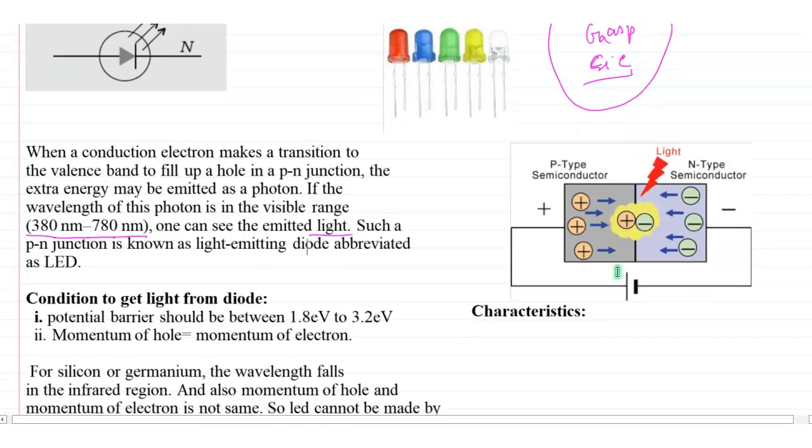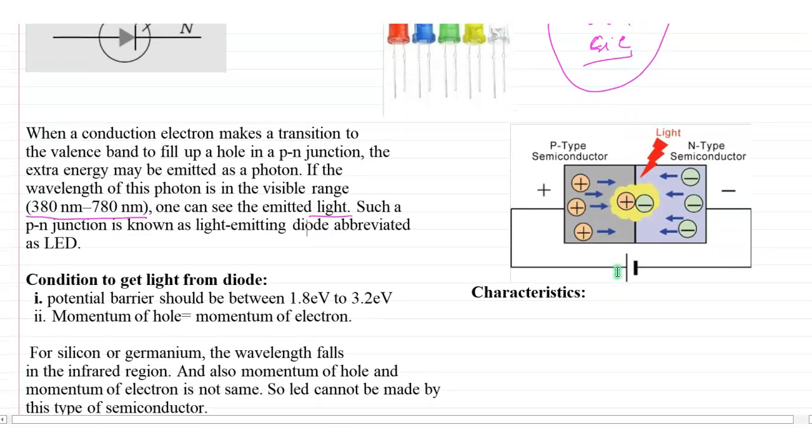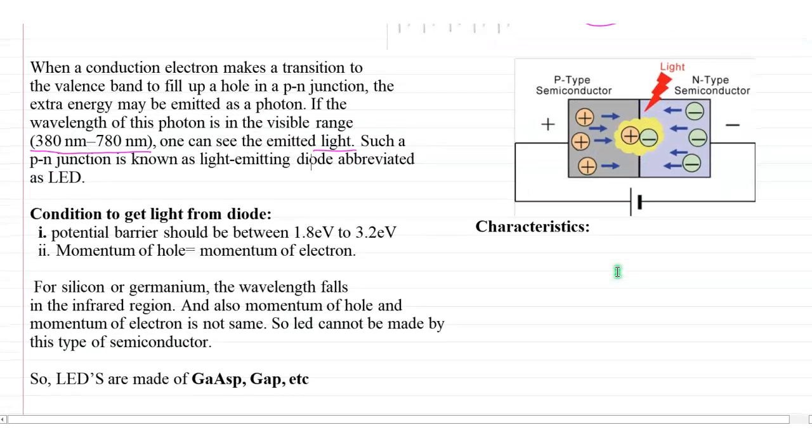Okay. And the conditions to get light from an LED are very important. This is also basically a PN junction diode. One is that the potential barrier should be between 1.8 electron volt and 3.2 electron volt. Potential barrier means here the potential difference between the valence band and conduction band.